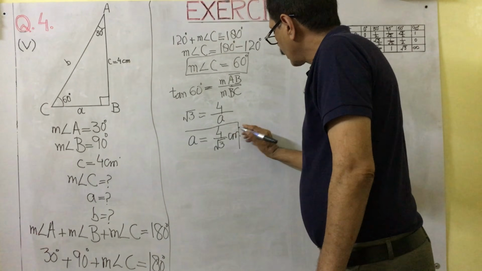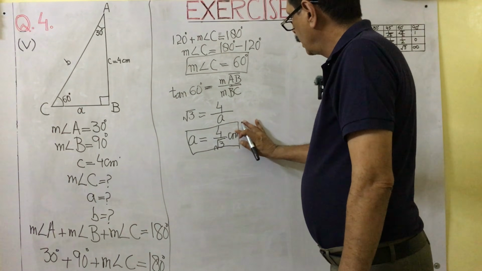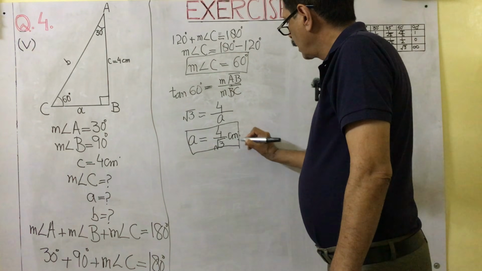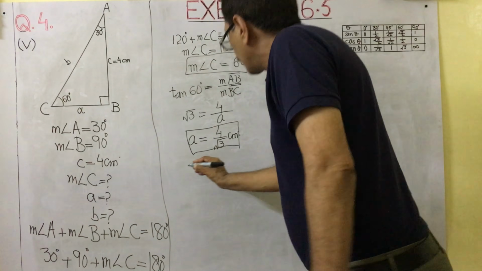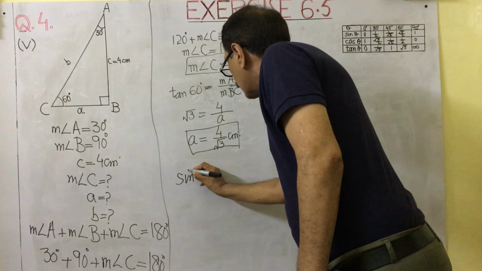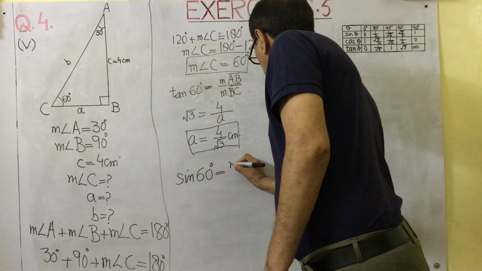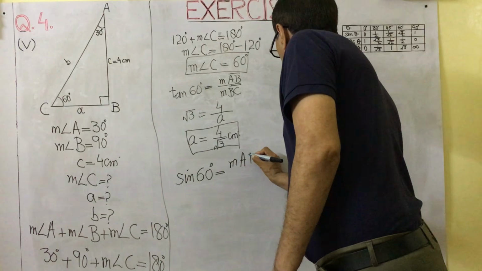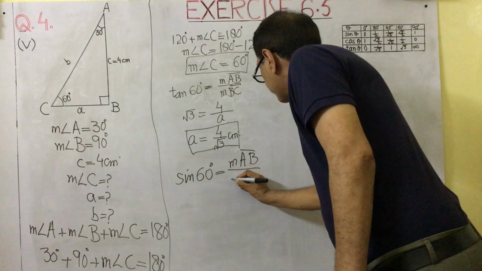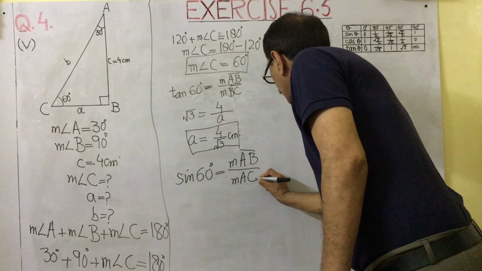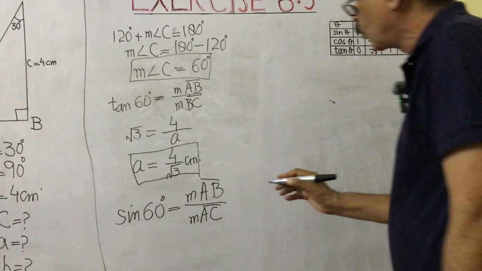Again, in right angle triangle ABC, sine of 60 degrees is equal to perpendicular over hypotenuse. Putting the values, sine of 60 is square root of 3 by 2.